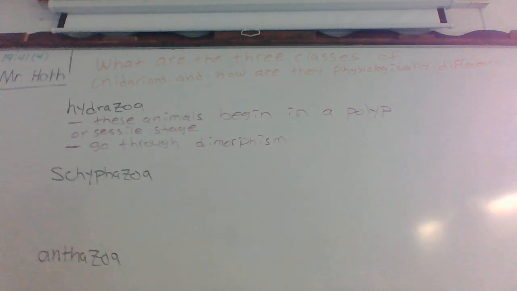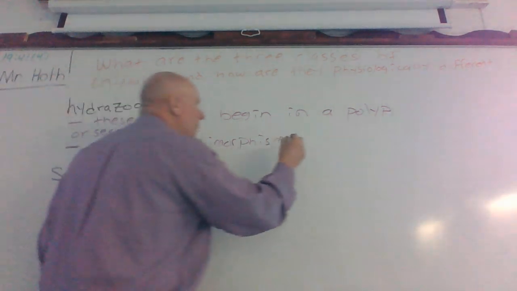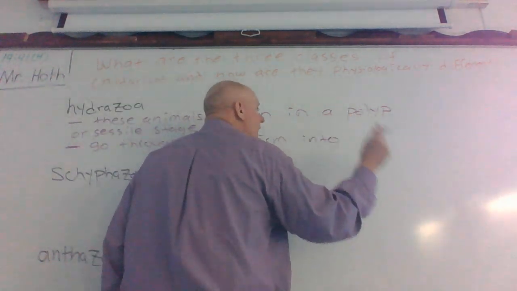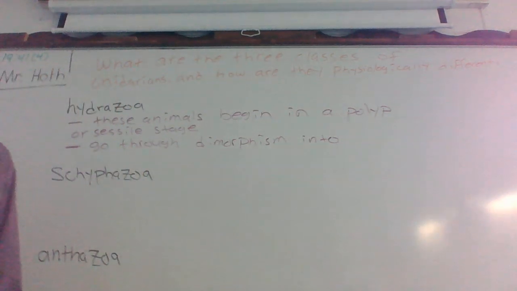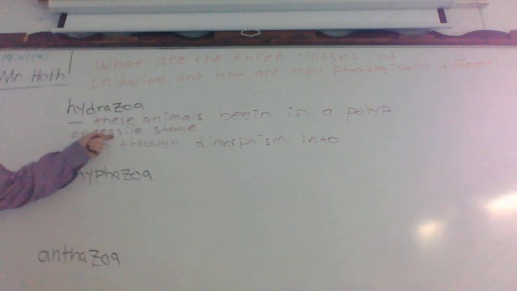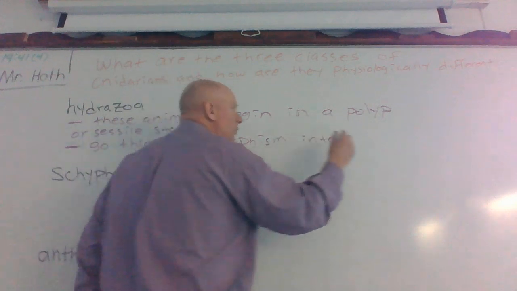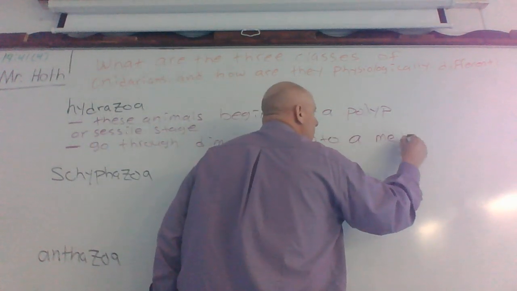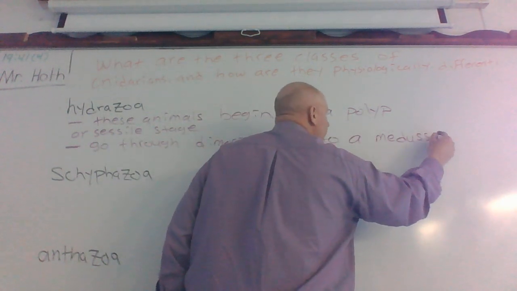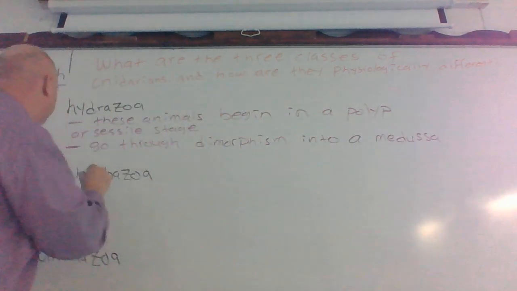Yeah, medusa. Go through dimorphism into a medusa. Now, not only is it going into medusa that's important, how is it different than this part of its life cycle? It starts to move. Go through dimorphism into a medusa, which is free swimming.